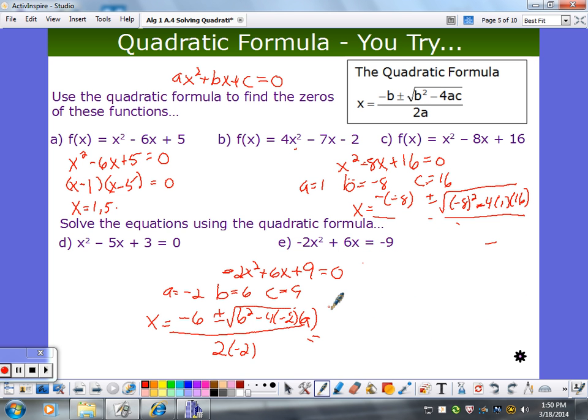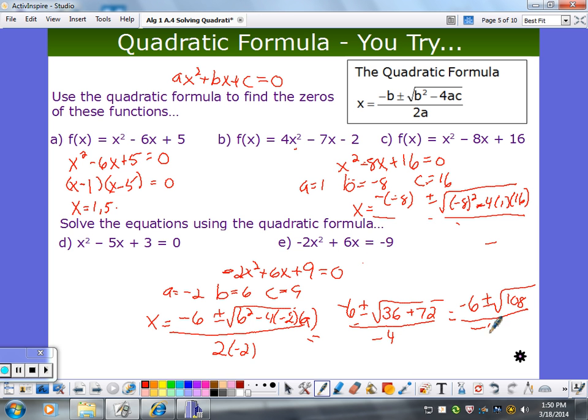So that is negative 6 plus or minus the square root of 36, right, minus 4 times negative 2, which is 8, and 8 times 9 is 72, so it's positive, right? Over negative 4. That's negative 6 plus or minus the square root of 36 plus 72.